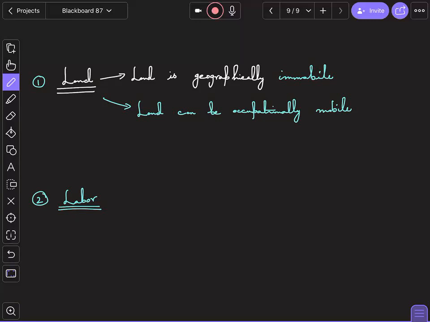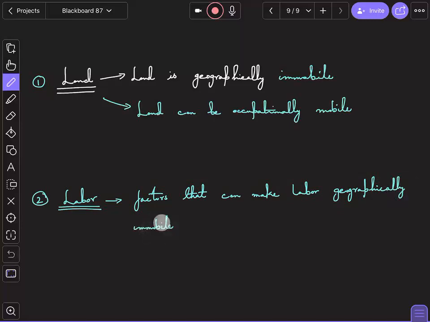For instance, there are certain factors that can make labor geographically immobile. Factors that can make labor geographically immobile can include cultural differences.